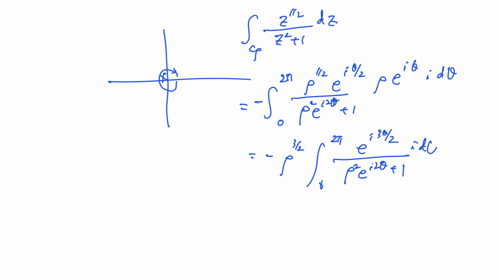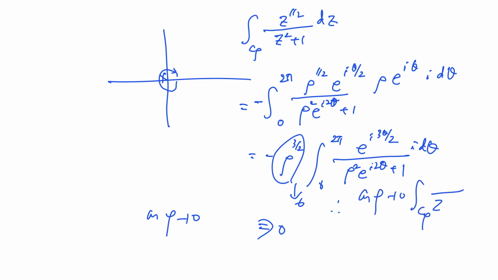What happens as rho goes to 0? The front factor goes to 0, so this integral becomes 0. So we know that as rho goes to 0, this integral of z to the 1 half over z squared plus 1 dz goes to 0.